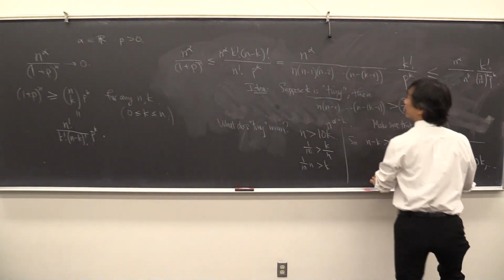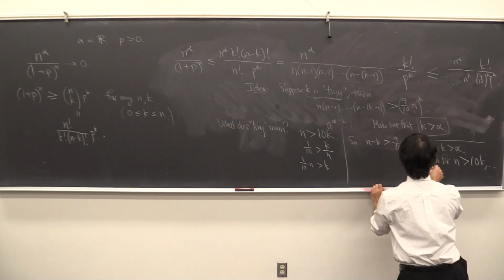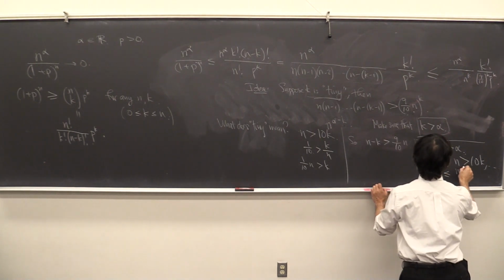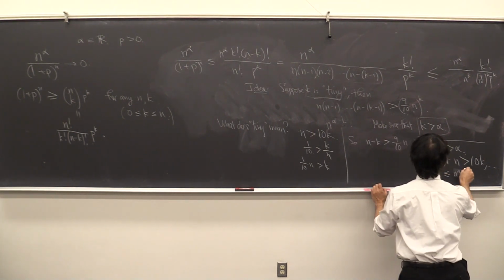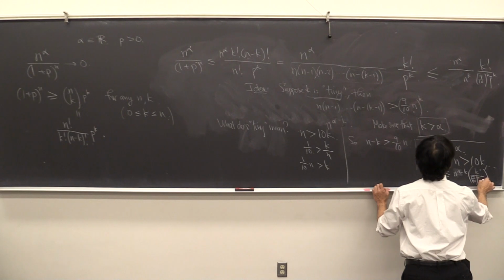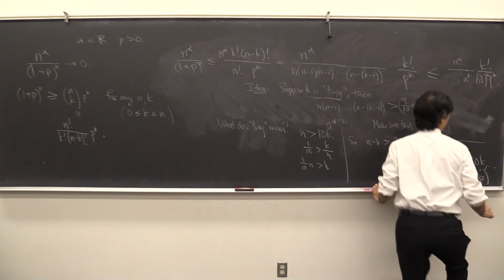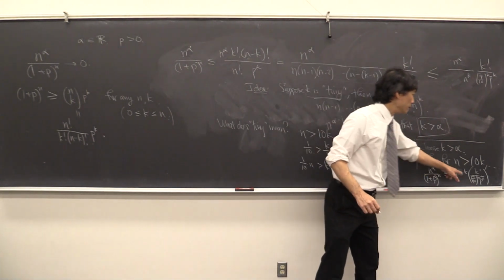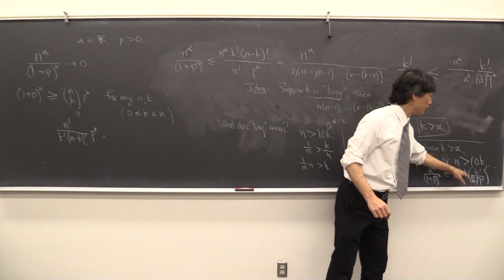Then for n bigger than 10k, this thing is smaller than n to the alpha minus k times this constant, 9/10 to the k, p to the k. And this is a negative power, so as n goes to infinity, it goes to 0.